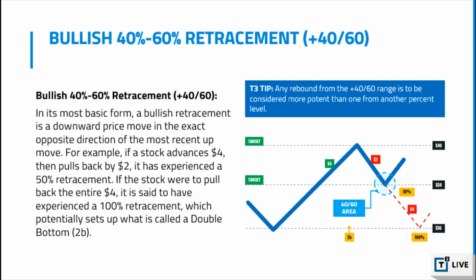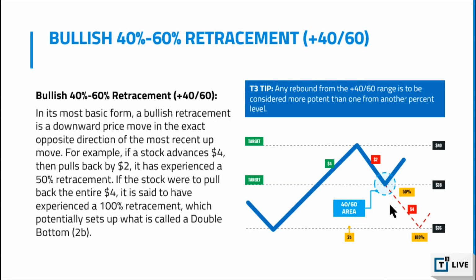So if you have a stock that goes from 36 to 40, pulls back to 38, that's 50%. Anywhere actually in the 40 to 60% retracement level, if you get a buy setup, if you get a pattern, that increases the odds.